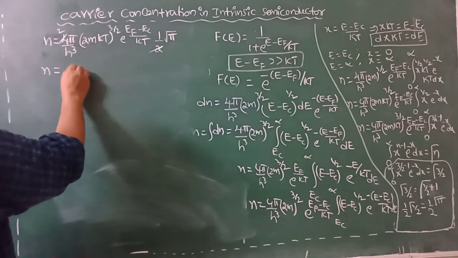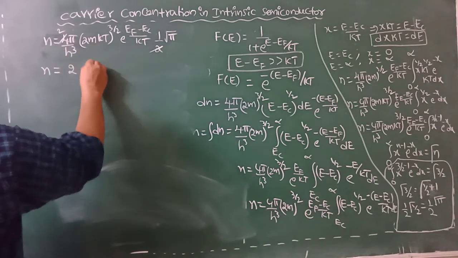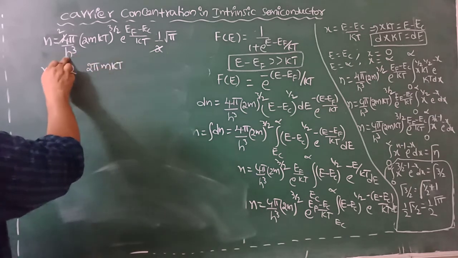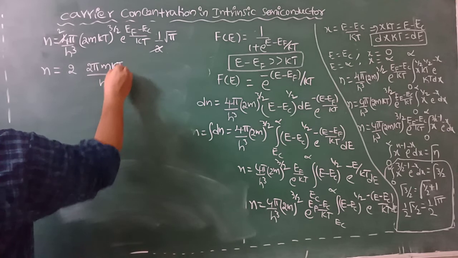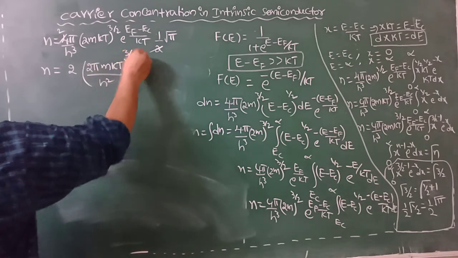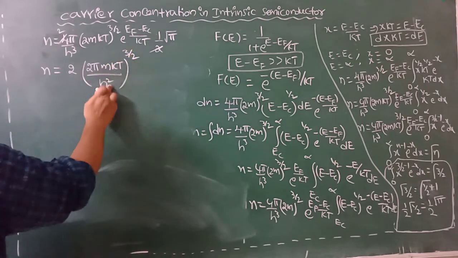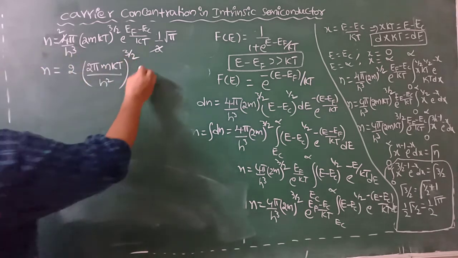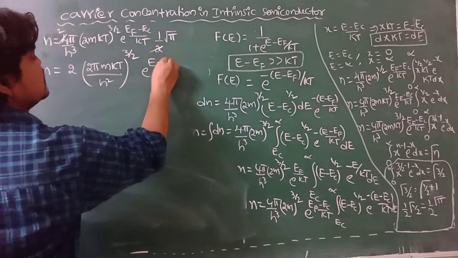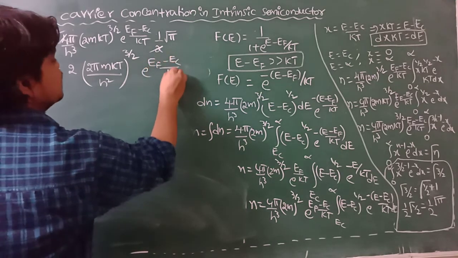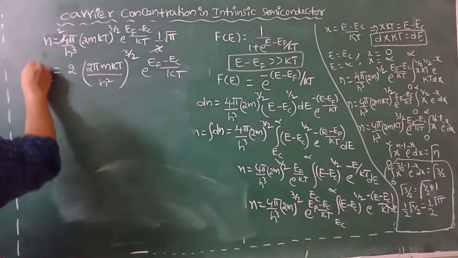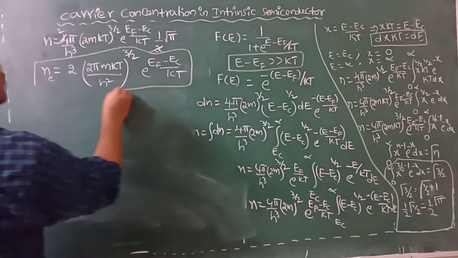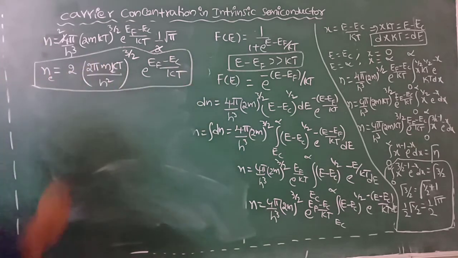Hence it becomes (2 pi m kT / h square) whole power 3/2, e^((EF - EC)/kT). So this is the number of electrons per unit volume in the conduction band.